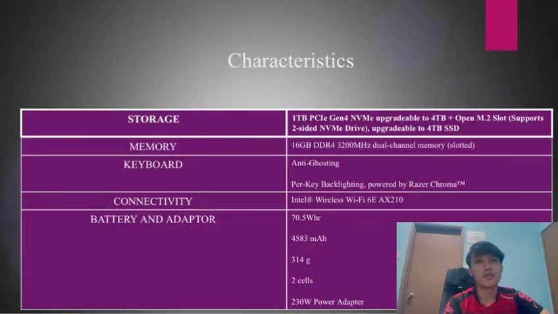Okay, for storage, 1TB PCIe Gen 4 NVMe upgradable to 4TB, plus open M.2 slot, supports 2 SSD and NVMe upgradable to 4TB SSD. For memory, 16GB DDR4 3200 MHz dual channel memory slotted.